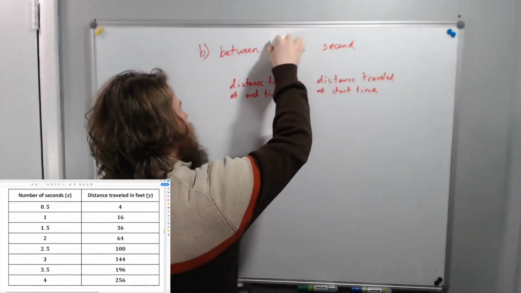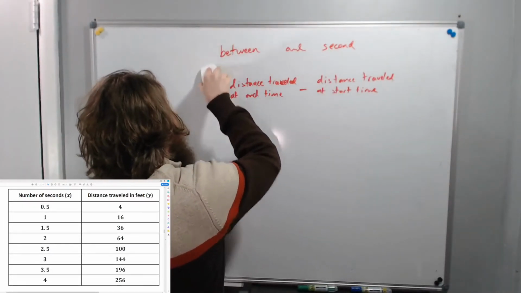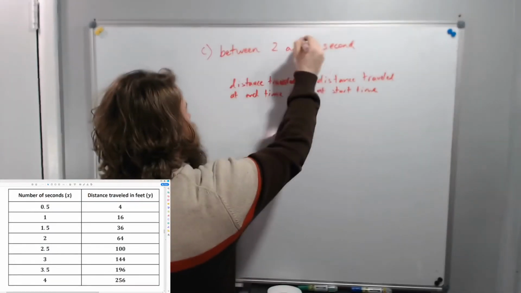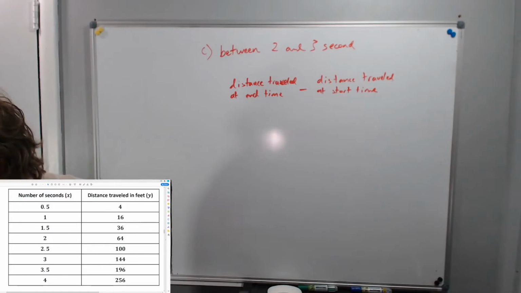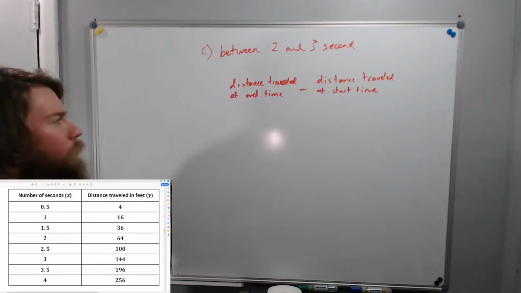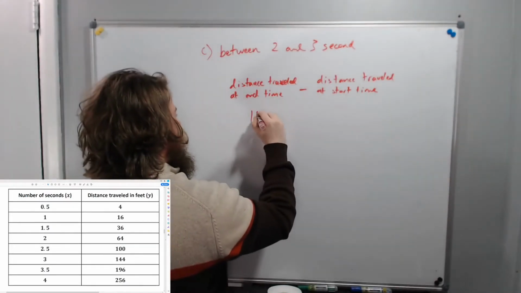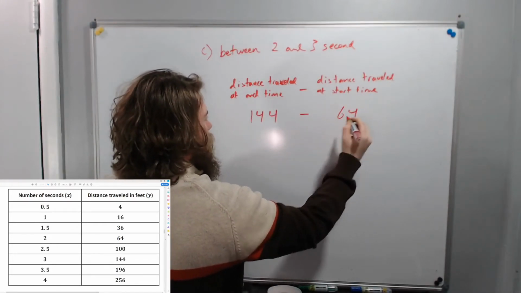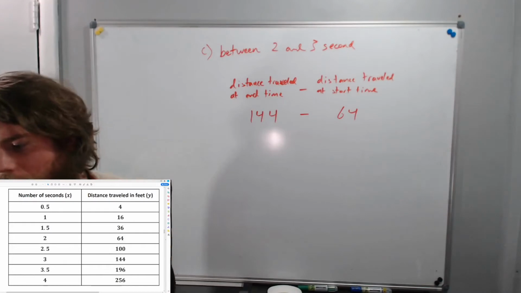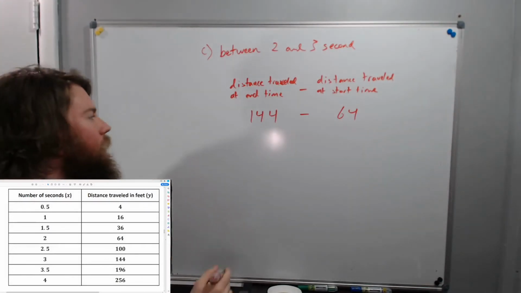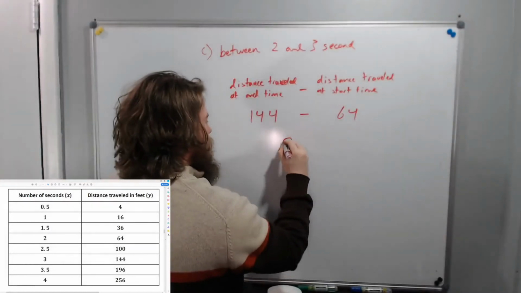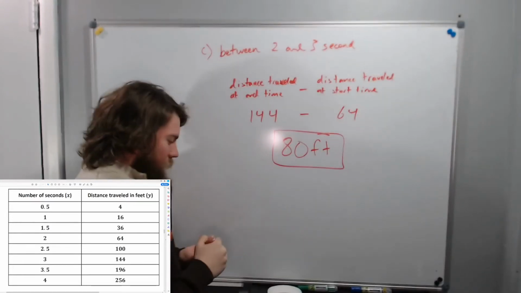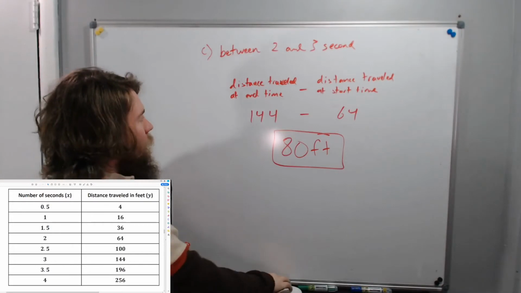So now let's go on to C. 2 and 3 seconds. At 3 seconds, we have gone 144 feet, and at 2, we had gone 64 feet. So we need to do 144 minus 64, and that is going to give us 80 feet.